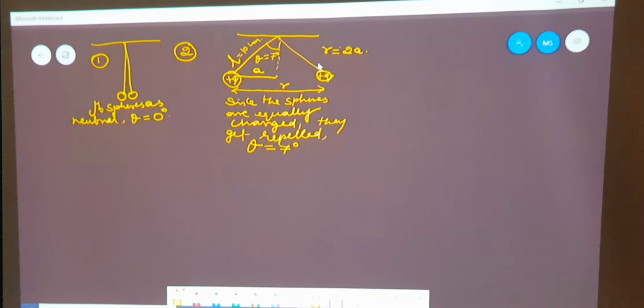First of all, I am calculating the value of A, from which R can be calculated. So how can I calculate A?